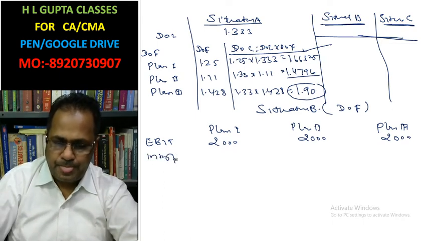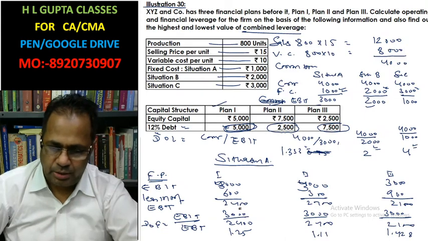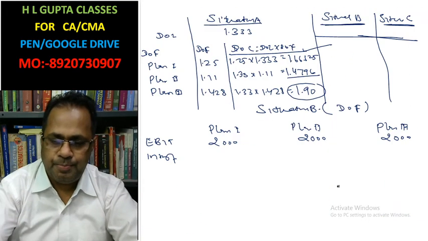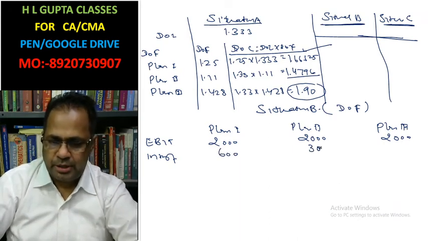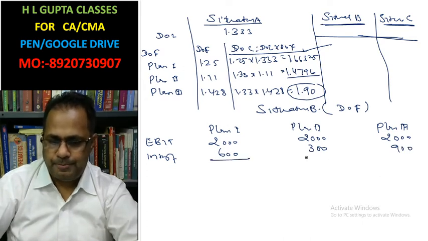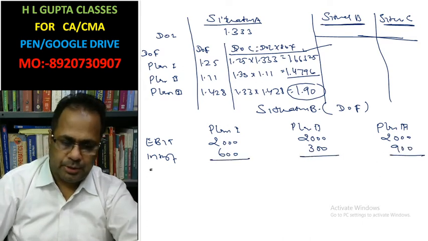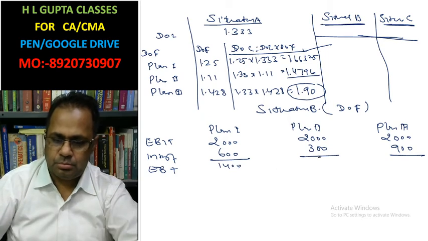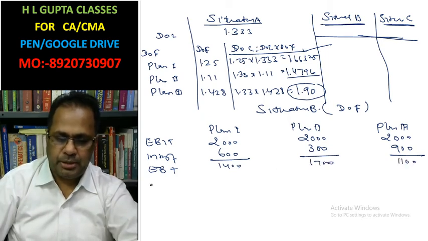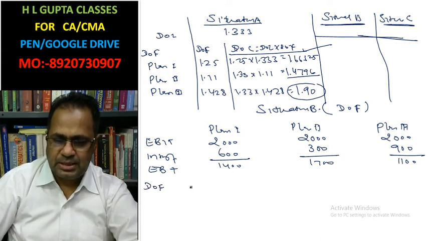Interest we have already calculated: 600, 300, 900. Now EBT is 1400, 1700, 1100.